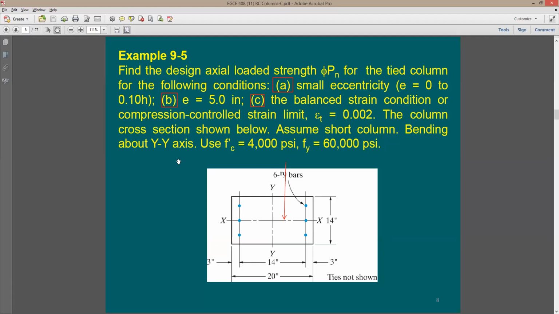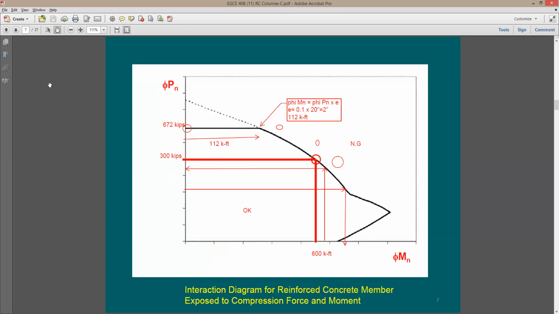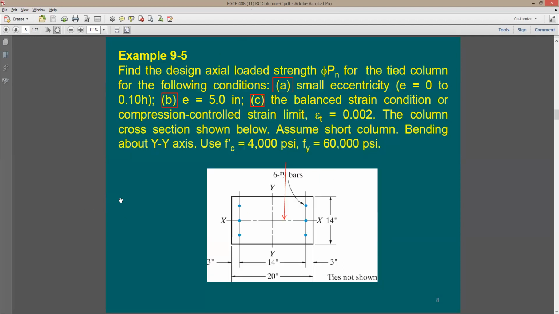And you see here a previous slide set that we worked on for the columns, slide set number 11. That was a section only of the interaction diagram that we used. The balanced point is going to happen when the concrete strain is at 0.003, and the steel strain is at the yield point.